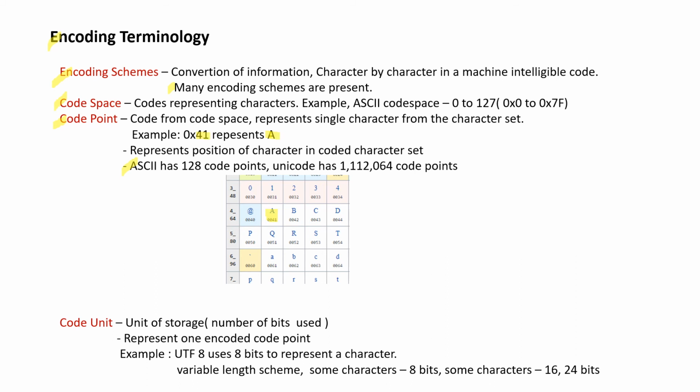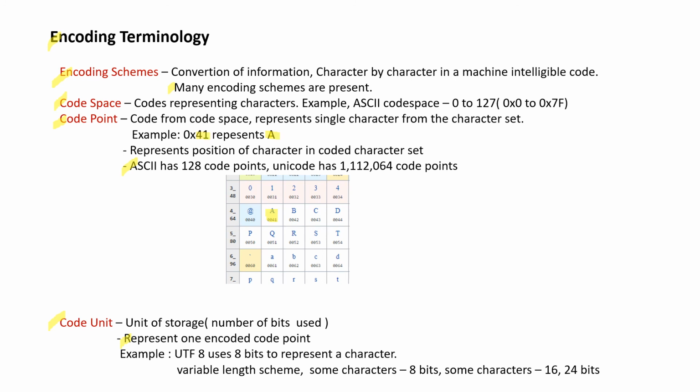Next, we will look at the code unit. It is the unit of storage, basically telling the number of bits used. It represents one encoded code point. For example, in ASCII, it's a 7-bit code and all the 7 bits are used for representation of the characters.